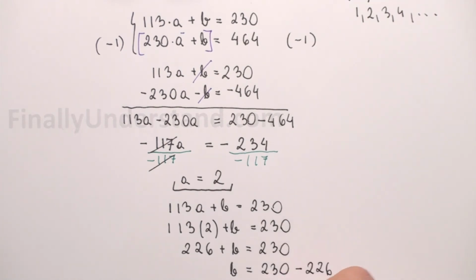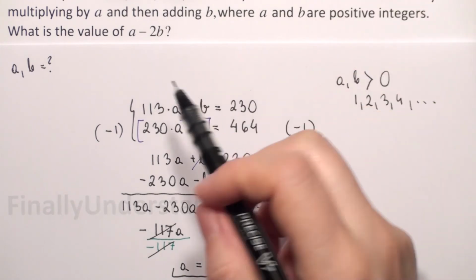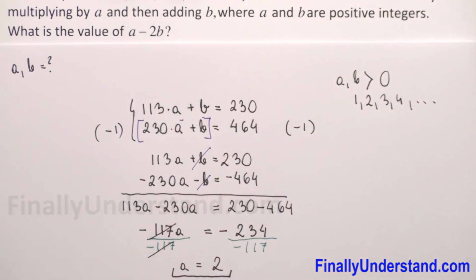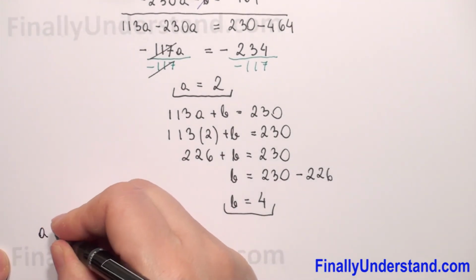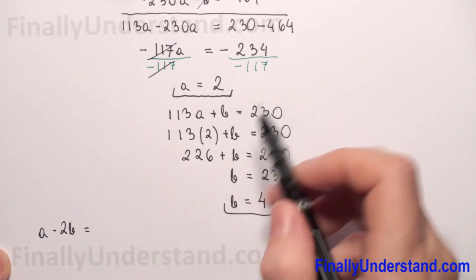We found a and b, so now we go to our expression for which we have to find the value. We have to find the value of a minus 2b. So let me copy this. a minus 2b, this is equal to... Now we will substitute a by 2.